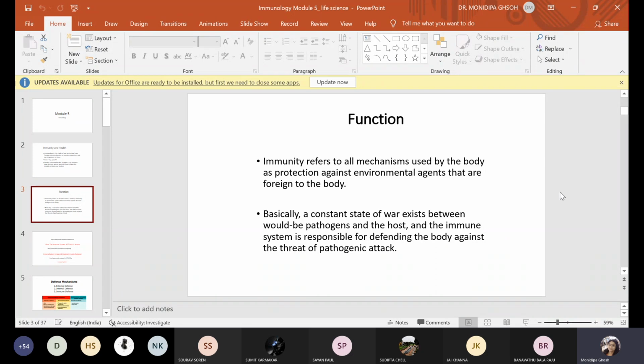Immunity refers to all mechanisms used by the body as a protective behavior against the environmental agents that are foreign to the body. So here, in the broader way, we are telling that they are the environmental agents which are foreign to the body. Basically, a constant state of war exists between the pathogen and the host all the time.